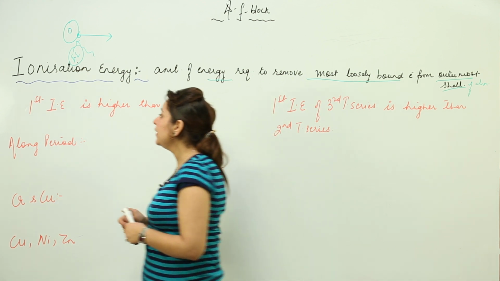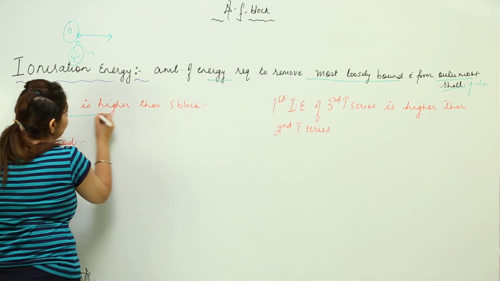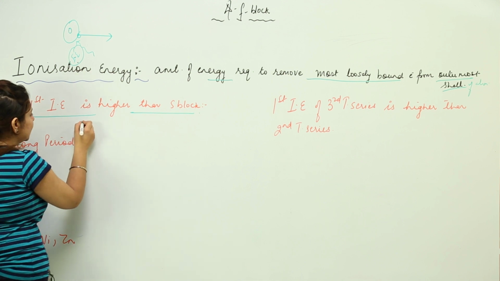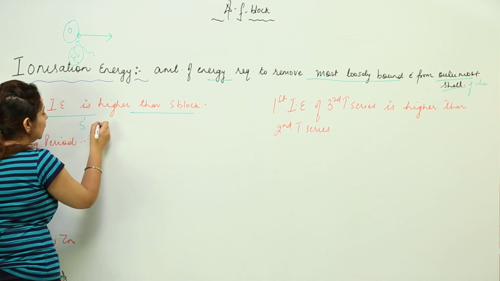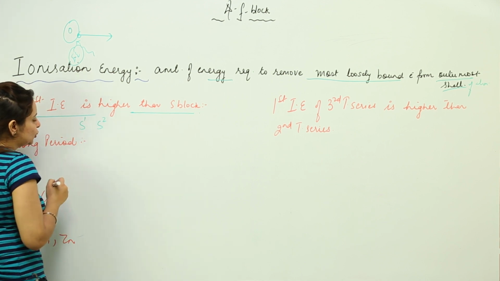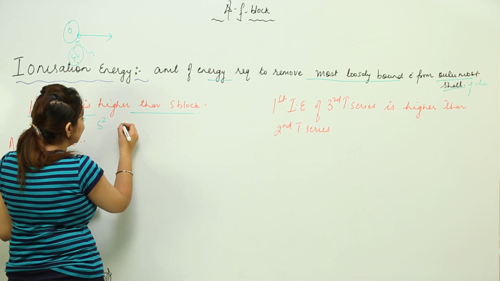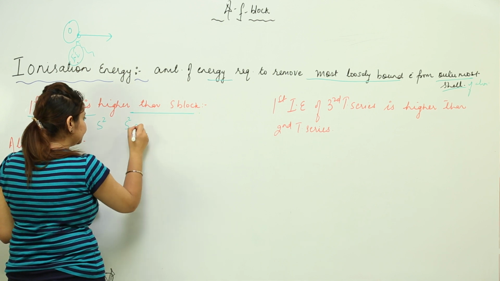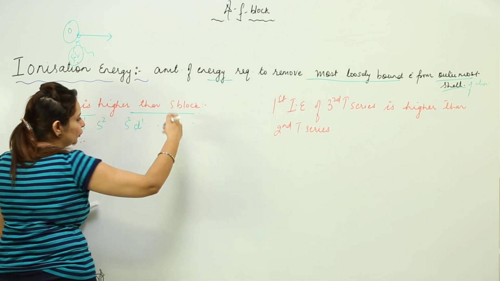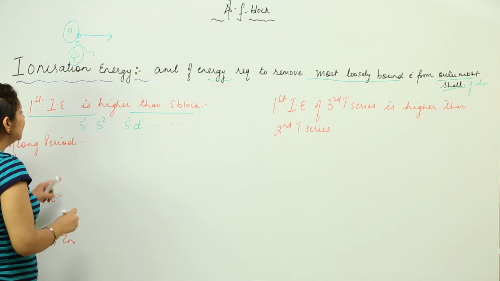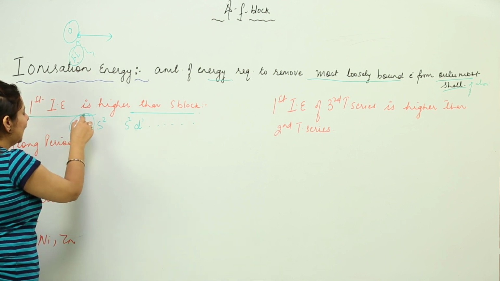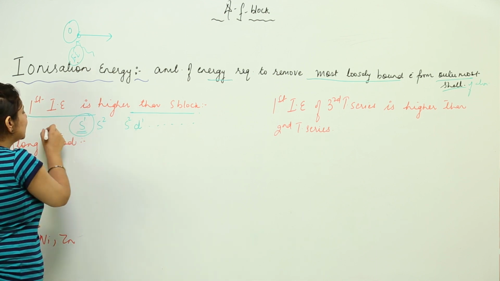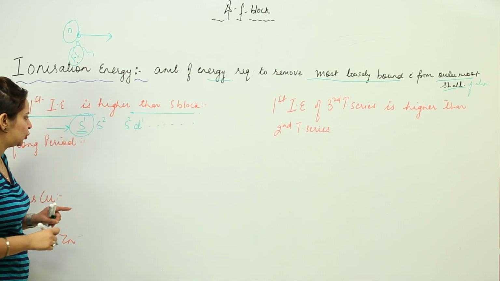In the S block there is filling of S1 in the first group, S2 in the second, and in the third we see filling of S2 along with d orbital, and so on. The first group is bigger in size and has less nuclear charge, so less ionization energy is required to remove the electron, right.